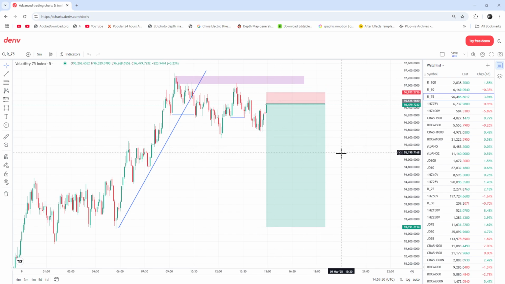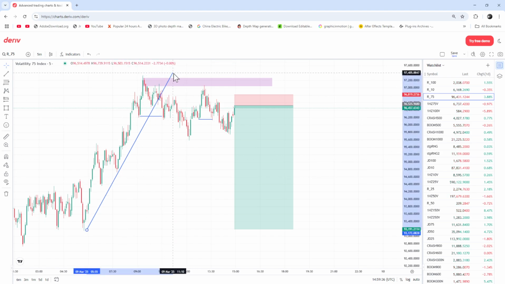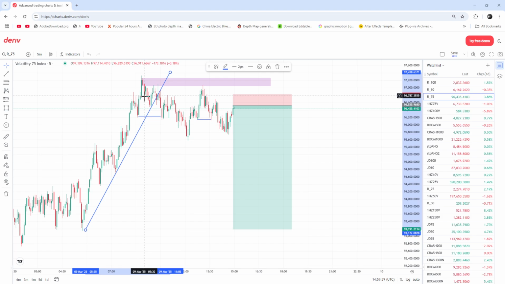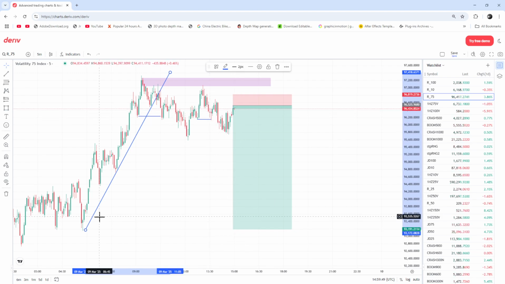You see, so this is smart money concept. Always look for a breakout, a break of trend line, but make sure that the break is very strong until it breaks the previous low. Then wait for the pullback, enter, and everything else will be history.